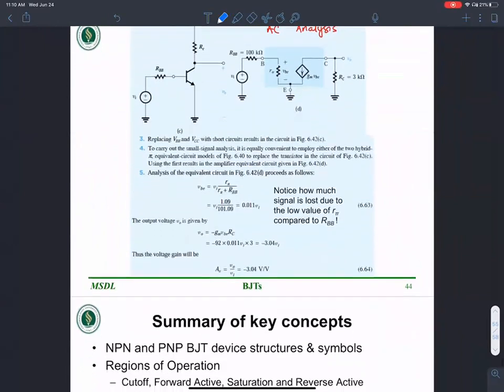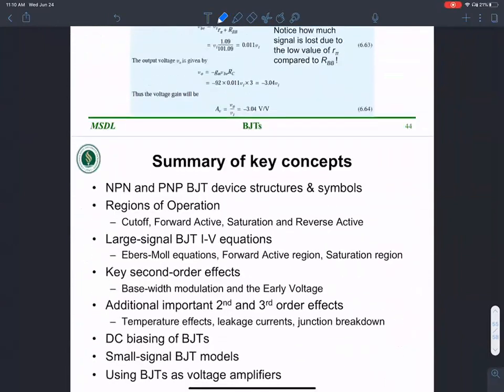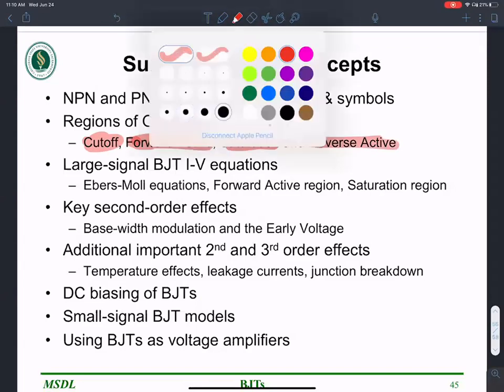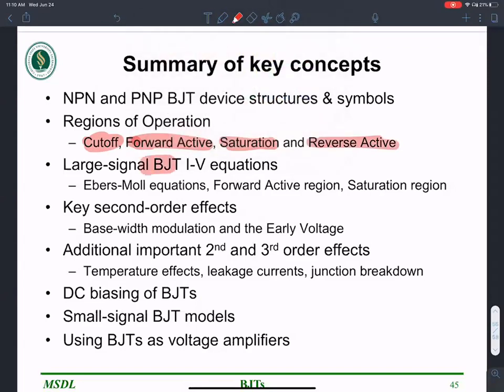small signal analysis. So here is the summary of key concepts: NPN and PNP are BJT device structures, and we looked at the symbols for those. There are different regions of operation: cutoff, forward active, saturation, and reverse active regions. In addition, we looked at the large signal model of the BJT in the forward active region.